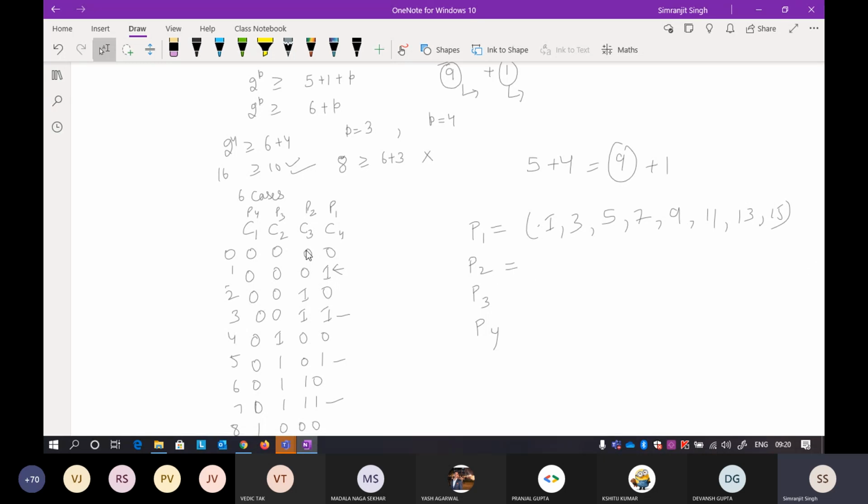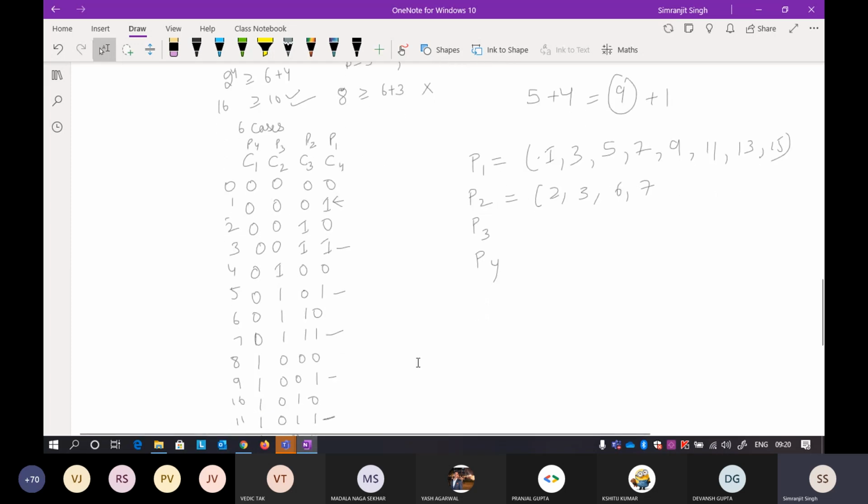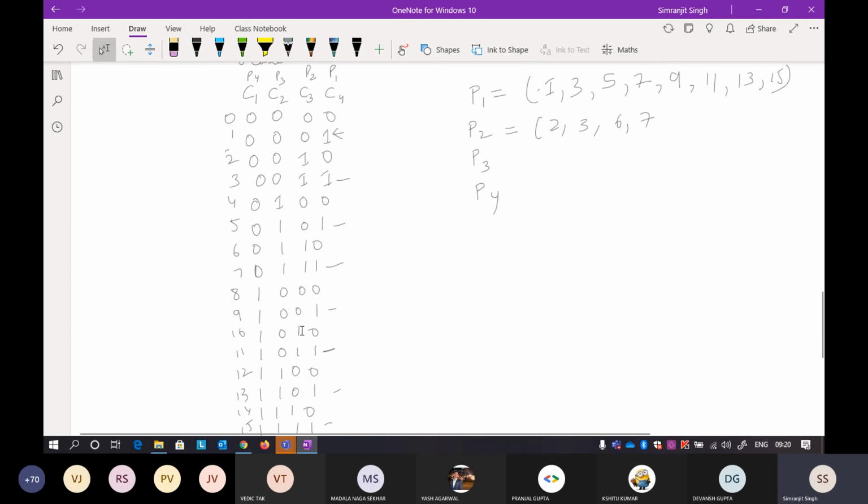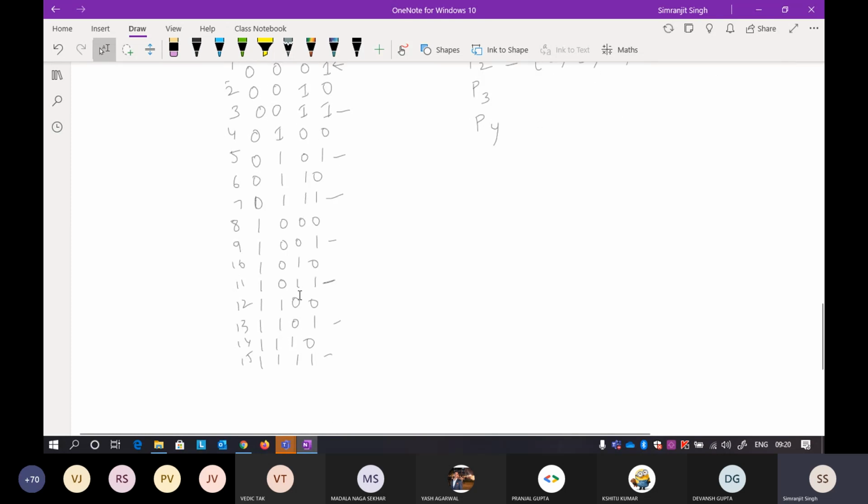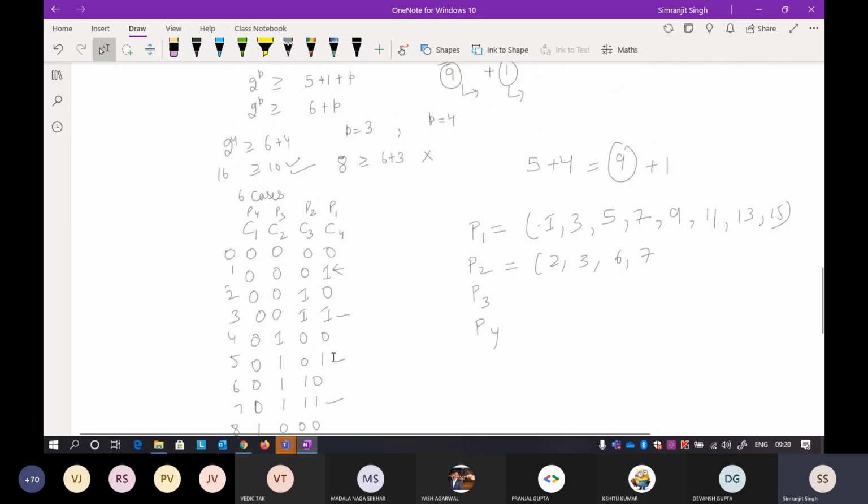Okay, so for P2, if you check it, it will be 2, 3, 6, 7. If you want to go further than that, you can also go with 10, 11 and 14, 15. Now for P3, what will the positions be? Again, we know they are 4, 5, 6, 7.